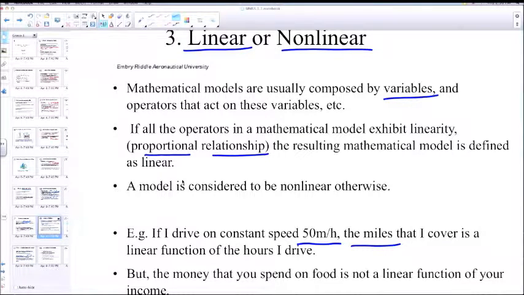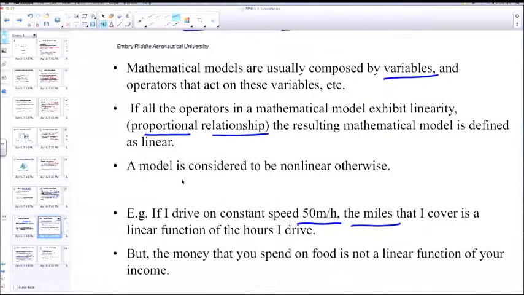But if you consider the money you spend on food in relationship with your income, of course we know the more income we have, we may spend a little more money to eat. But nevertheless, that's not proportional. If you earn $30,000 a year, you might spend 1/3 of your money on eating.